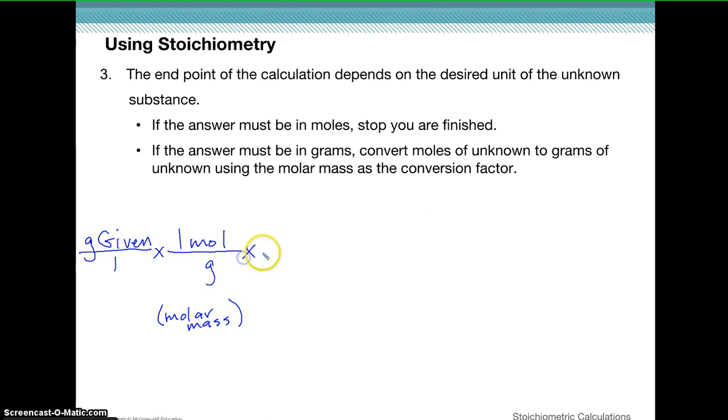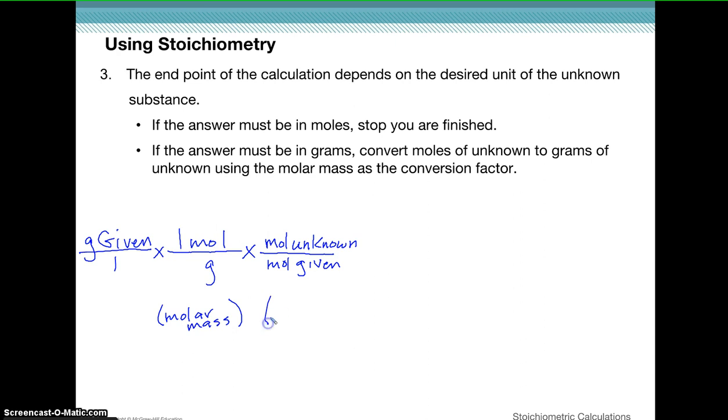Okay. Then we want to get from moles of the thing that we know to moles of the thing that we're trying to find. And this is where we use our mole ratio. So we would use our balanced equation to get moles of our unknown and put moles of what we're given on the bottom so that those moles cancel.